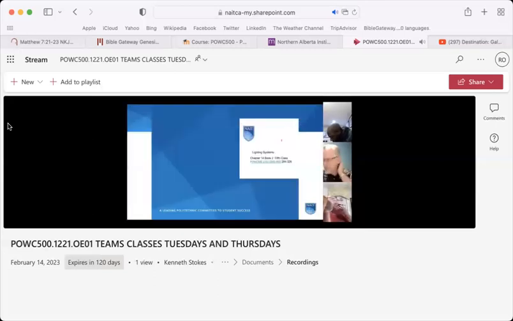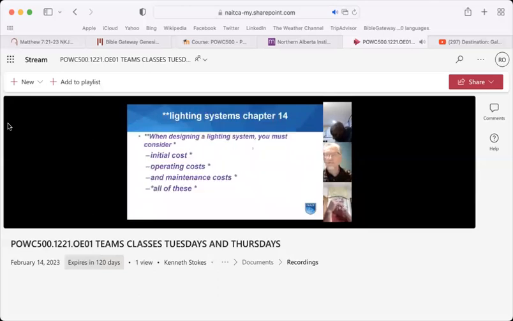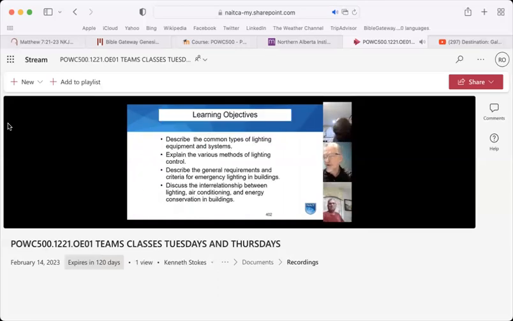This is a Mickey Mouse chapter, but it will take long, folks. Lighting systems. How do we light up our lives? Some of the stuff in this chapter is kind of outdated. There's newer technologies, but most of the principles are important. And important things: initial costs, operating costs, maintenance costs, so all of the above.